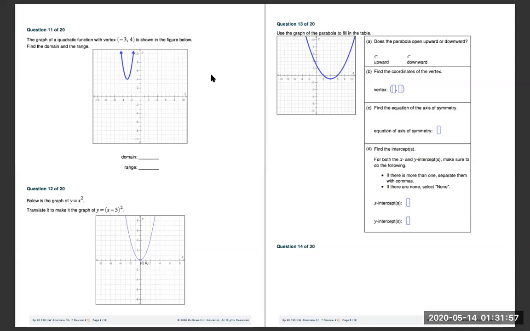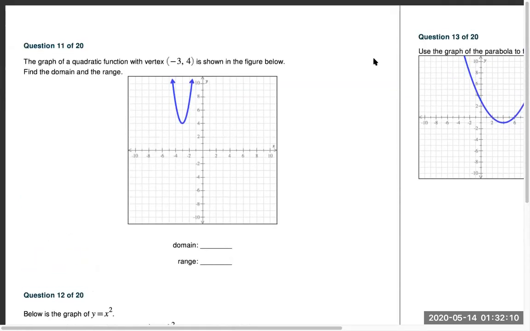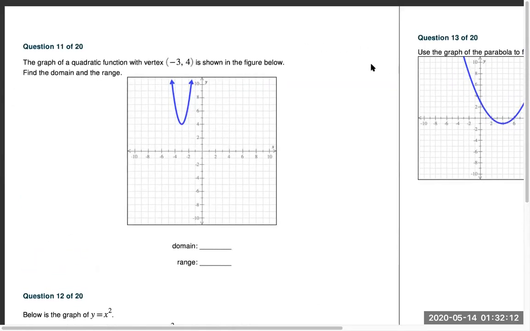So this goes back to some of the domain and range stuff that we've talked about in the past. As a matter of fact, I want to zoom in on this, if at all possible. Okay, so the first thing to note is that our vertex is right here.